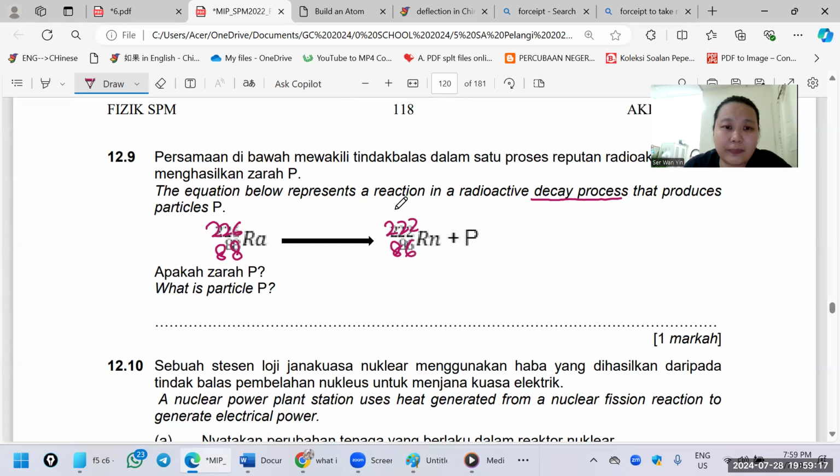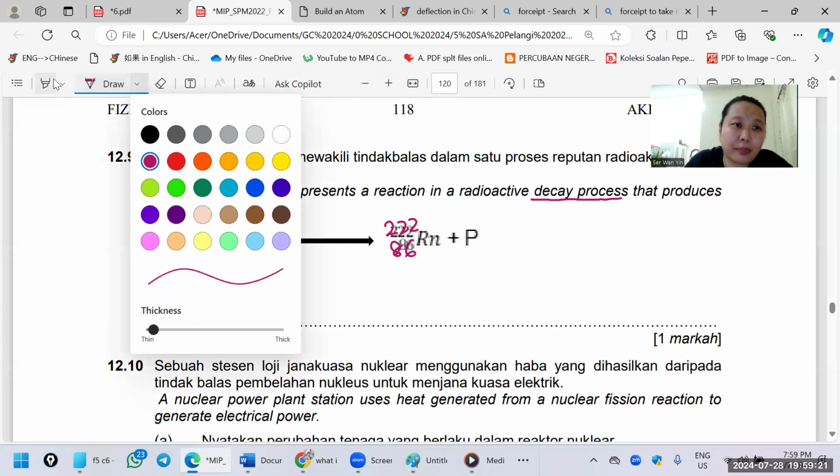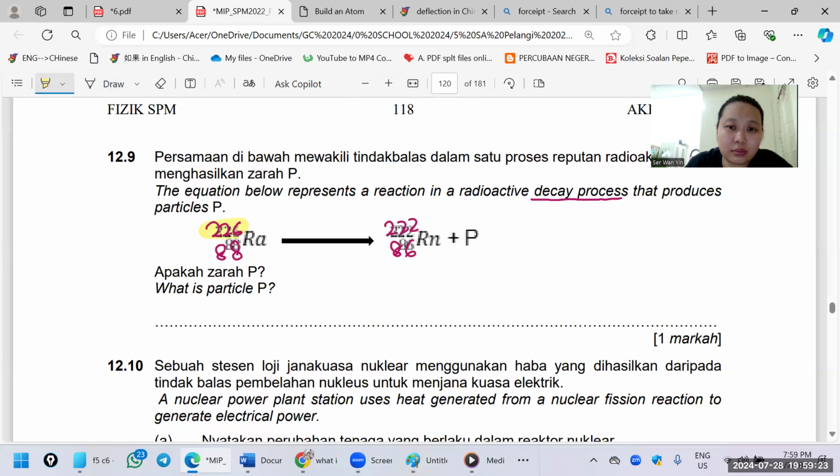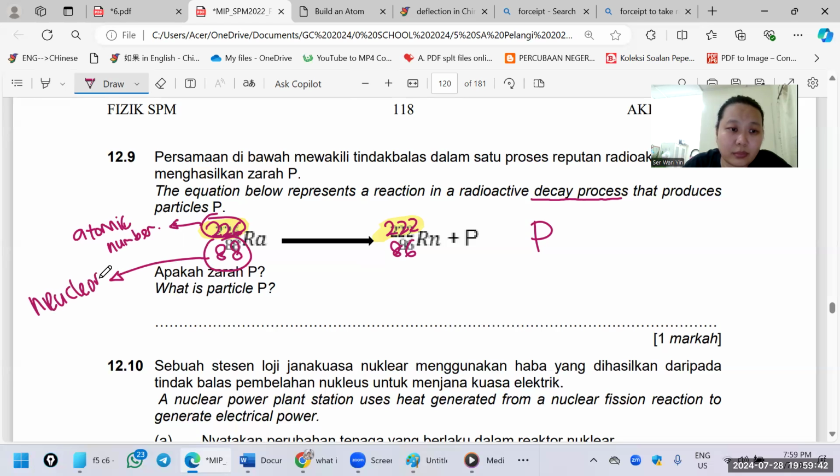The upper part we call atomic number, and 88 is called nucleon number.